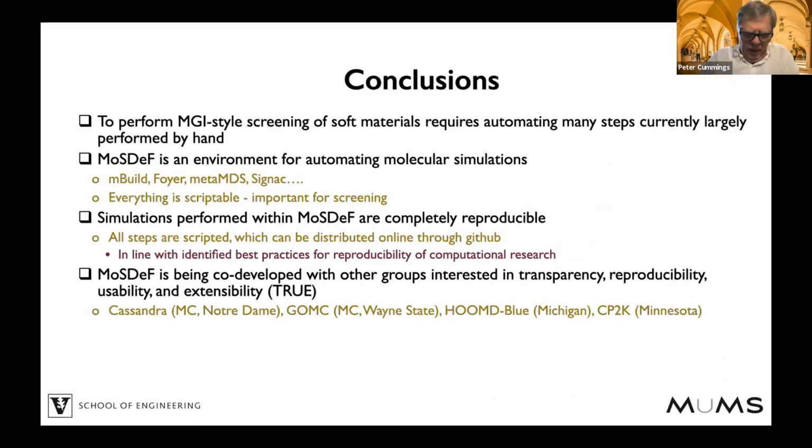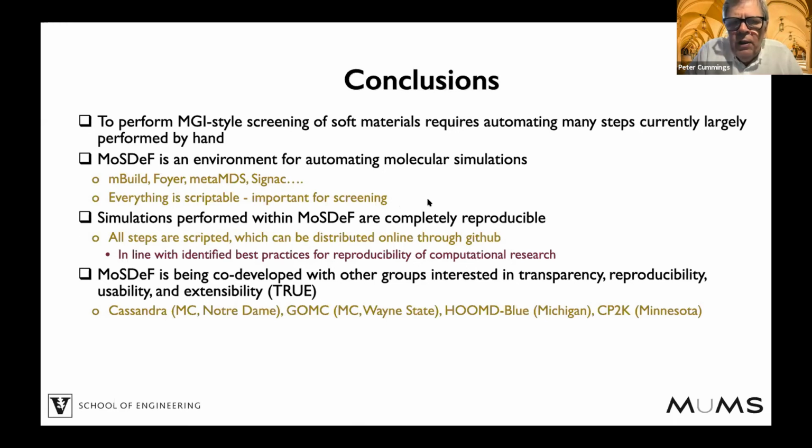So I've taken quite a while here, but I hope you will agree with these conclusions: that MGI style screening of soft materials requires automating many of the steps that are currently performed by hand, so that you can put them together and automate them. MoSDeF is an environment for automating these molecular simulations.